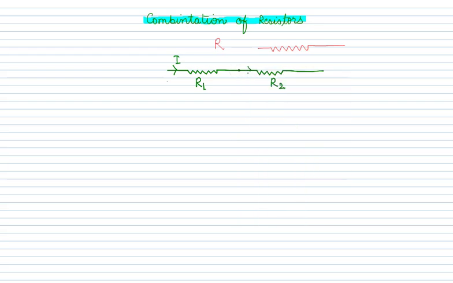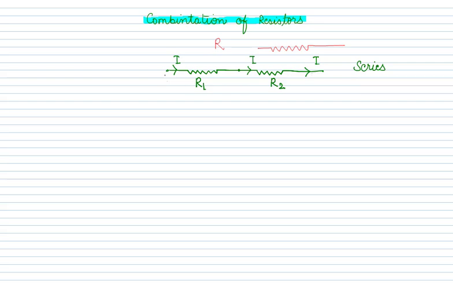So the current continues to flow like this, it goes to resistor R2, and then it comes out as I. So two resistors connected in this way are in series. If only one end is connected, then they are in series. If both the ends are connected, then they are known as in parallel. So the same amount of current is flowing through it.